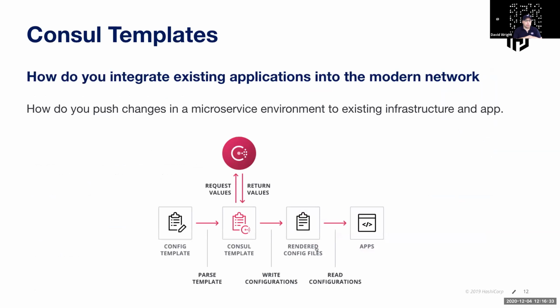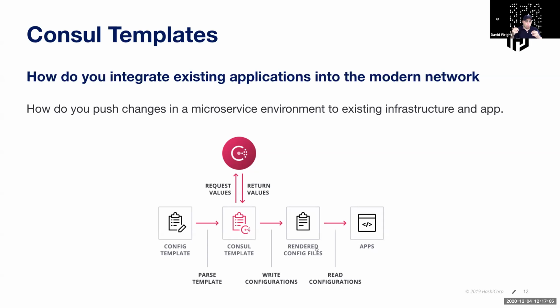Another important element, particularly in that network automation part, is Consul templates. Consul templates are a third-party mechanism that allow Consul to create a template and use a template file to pull data into that file, create a full-blown rendered configuration of what that configuration file should look like, and push it to an application, or in this case, to an actual device.